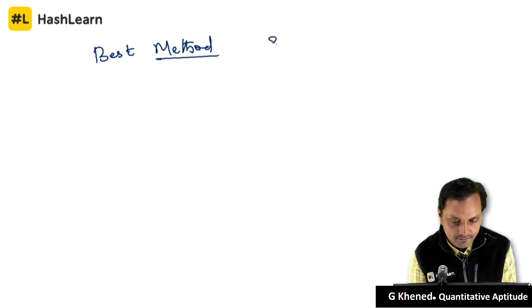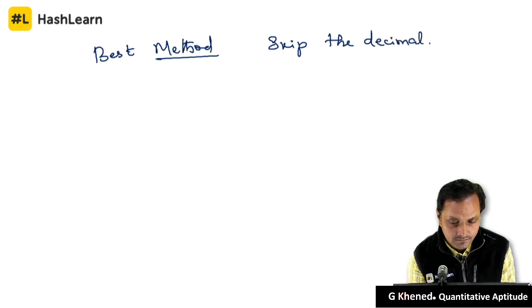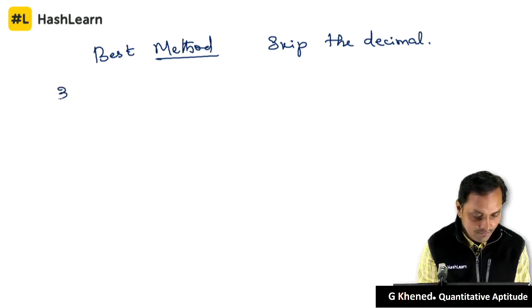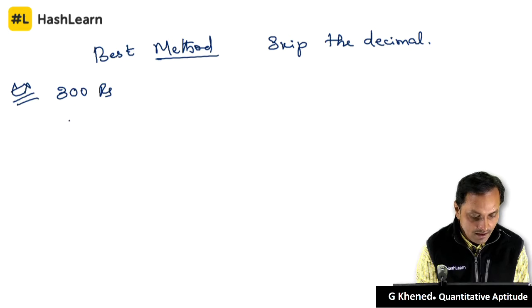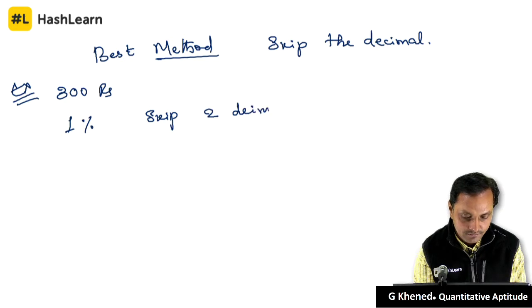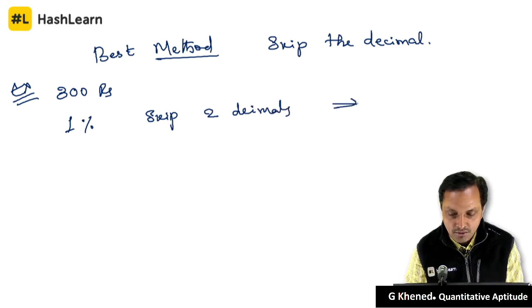skip the decimal. What actually is the skip the decimal method? Suppose it is 300 rupees, if I need 1%, skip 2 decimals. So what is 1%?